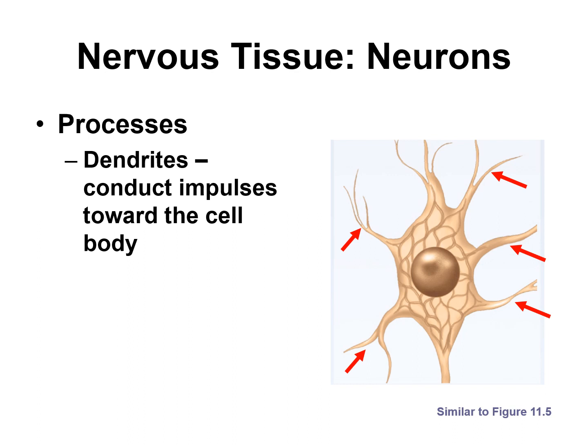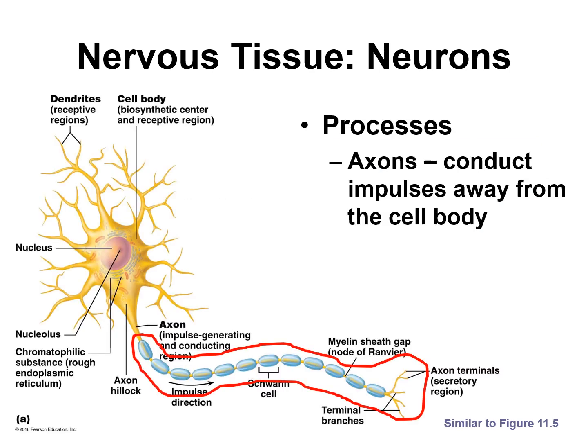These processes either conduct nerve impulses toward the cell body and are referred to as dendrites, as shown here. The second type of process or nerve fiber are called axons, and a neuron only has one axon, and an axon conducts impulses away from the cell body.